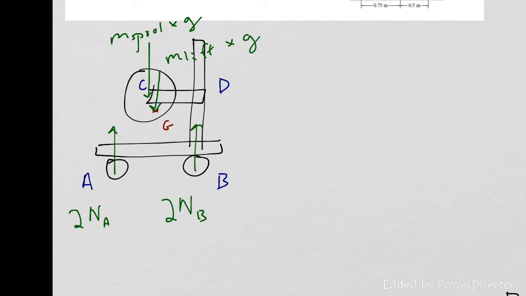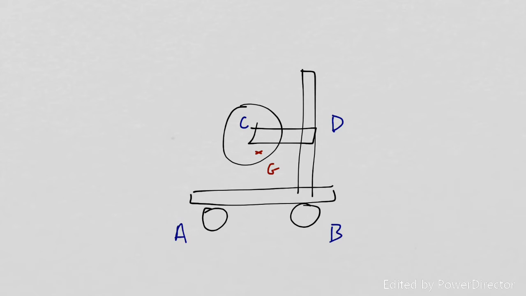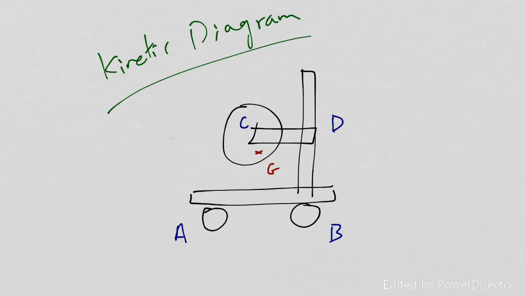And right now, there's another diagram, which is the kinetic diagram, as we all know. That will be the right hand side, and this denotes the motion of the lift truck.